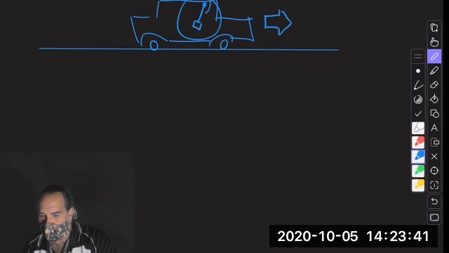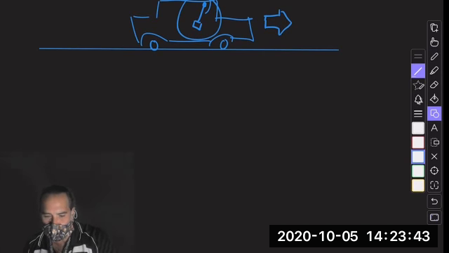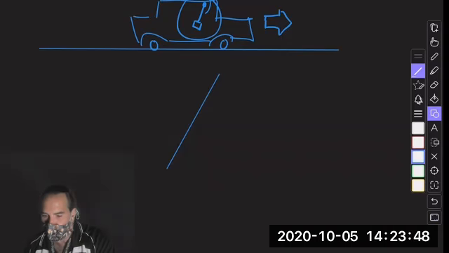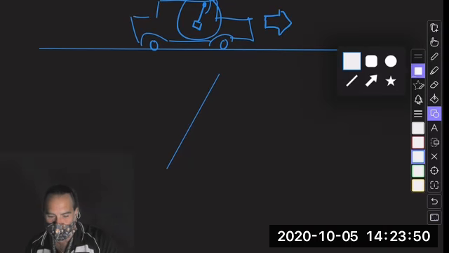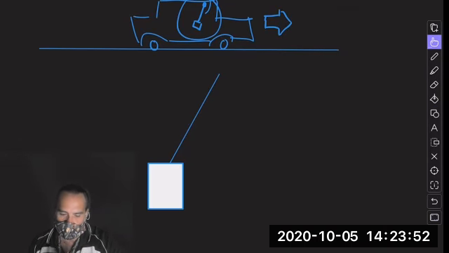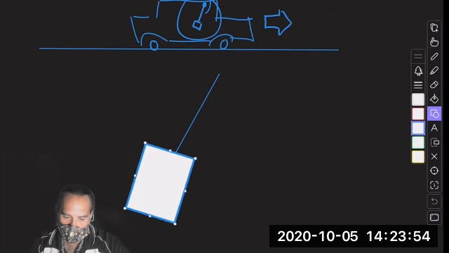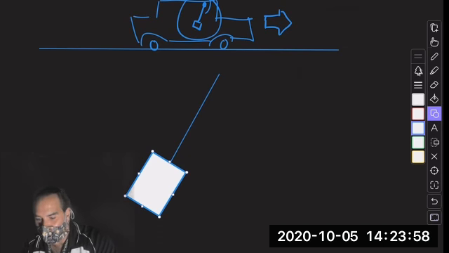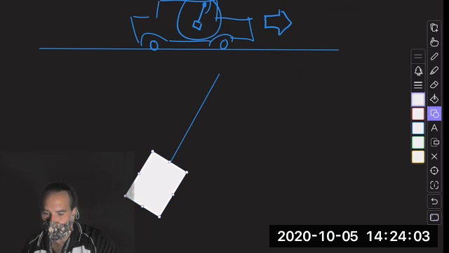So I want you to imagine I have an object that is tied to a string on the rear view mirror of my car. When I accelerate forwards, it swings backwards an angle theta.